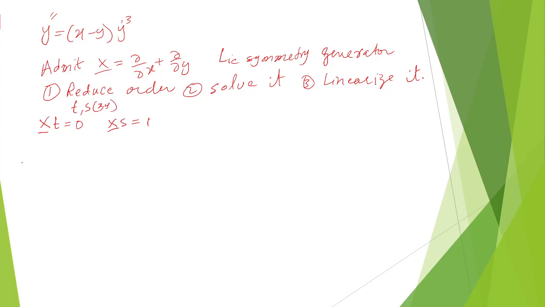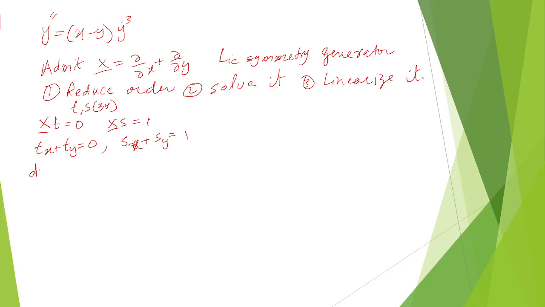Generally both are dependent on x and y. So when I operate this operator on t, we have t_x plus t_y is equal to 0, and the other one, s_x plus s_y is equal to 1. So we have to solve these two first order partial differential equations.